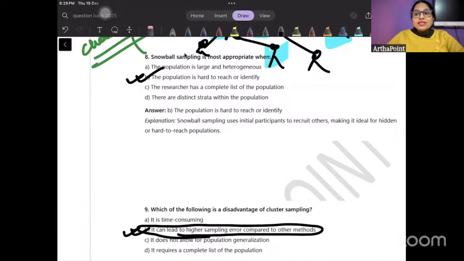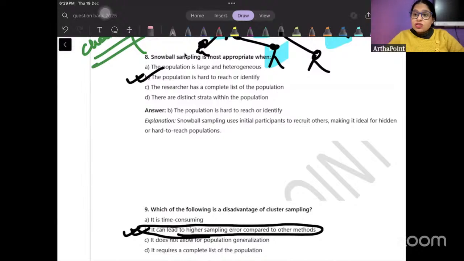Okay. This is a cluster. Okay. What if only certain clusters are sampled? अगर आपने सारे clusters को sample नहीं किया, and you go ahead and you only take certain clusters, then it means that you are not able to incorporate the variability in the population. आप अपने पूरे population से related variability को नहीं ले रहे हो.